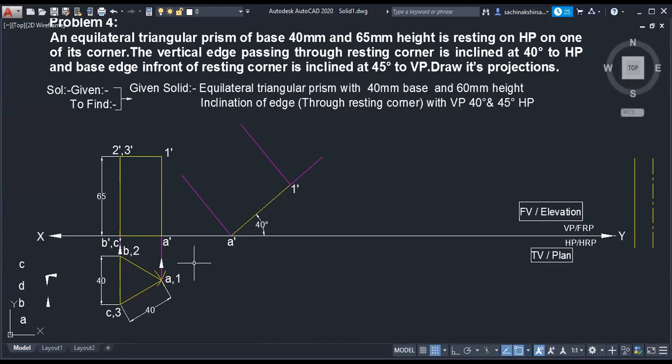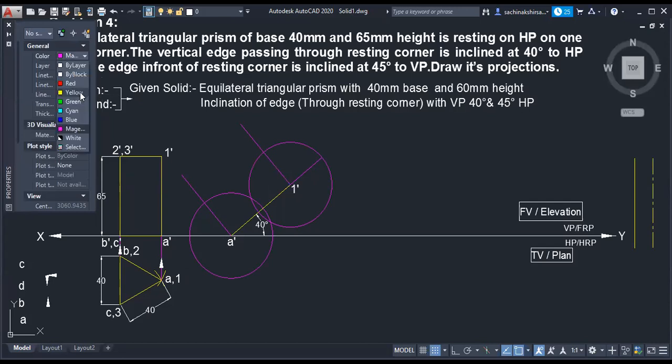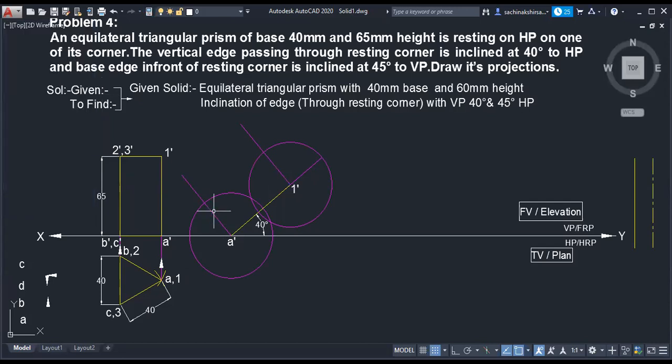Instead of an arc, I have drawn a circle. Now you can join from A dash to this and to this, and likewise.